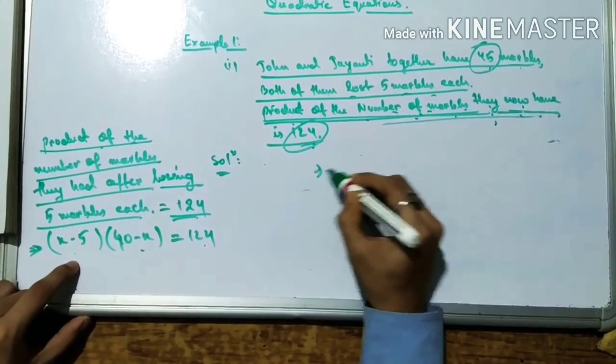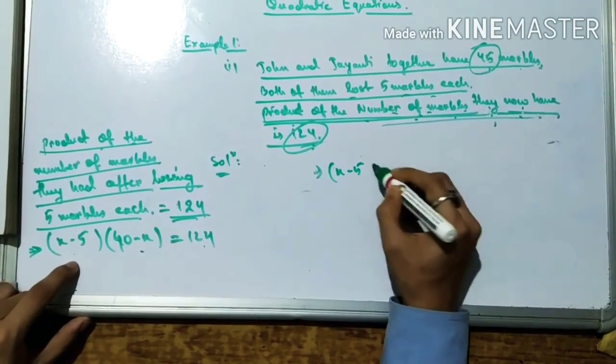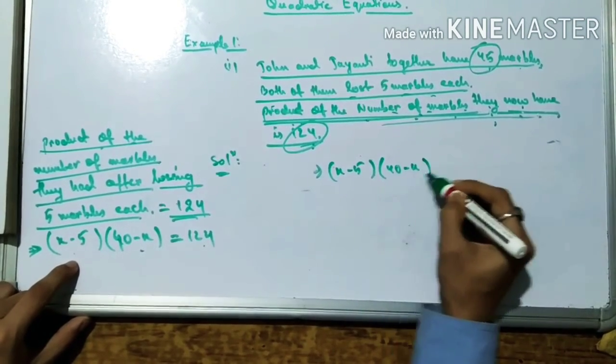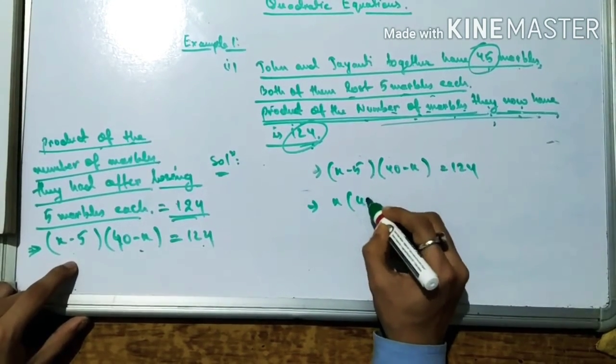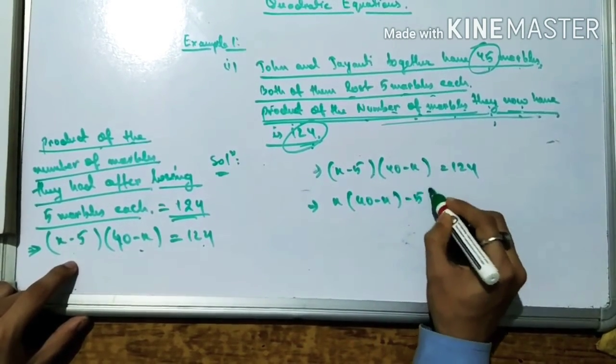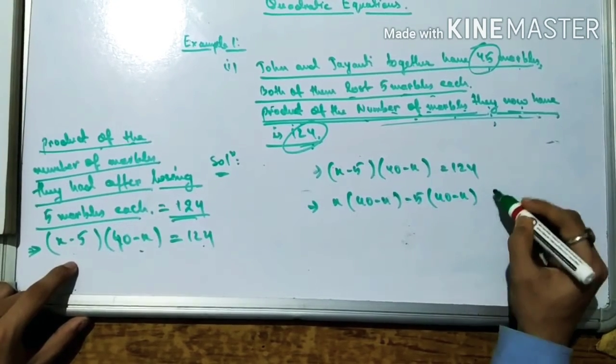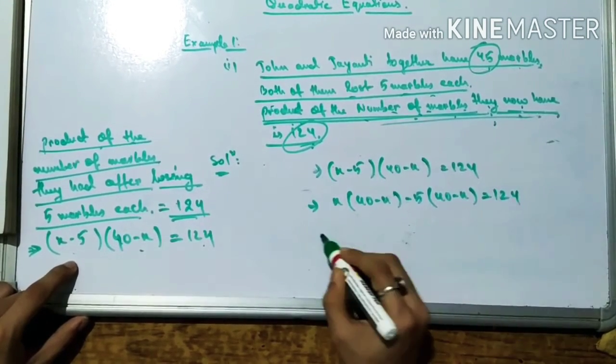So this is what I am getting here. X minus 5 into 40 minus x equals to 124. So this is x into 40 minus x, minus 5 into 40 minus x, equals to 124.